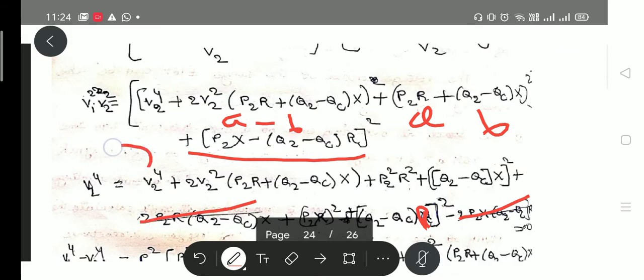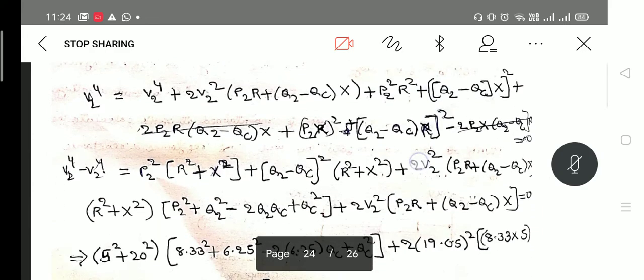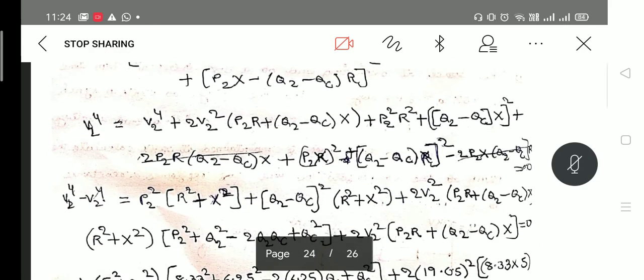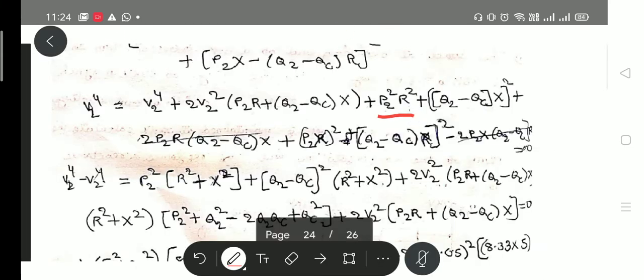I am taking this V2 power 4 from this side, then we will get 0. Then after I am taking P2 square as common. So, we will get R square plus X square.